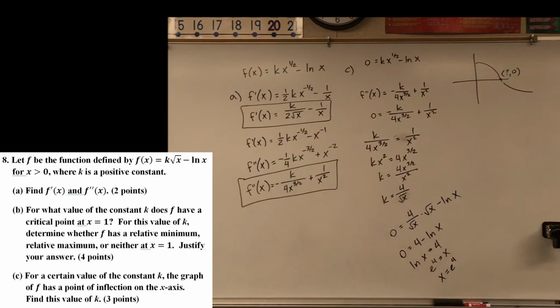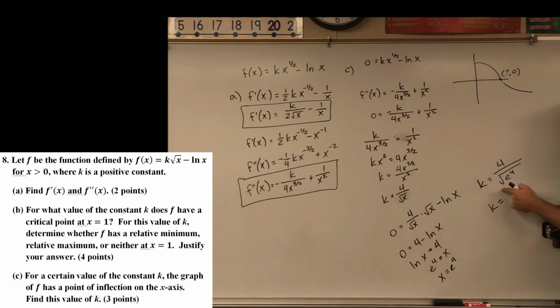Now it says find the k value. So let's just plug it in right here. So k equals 4 over radical e to the 4th. Could it be a negative e squared? It could be. Well, hold on. There's a key to this, okay?